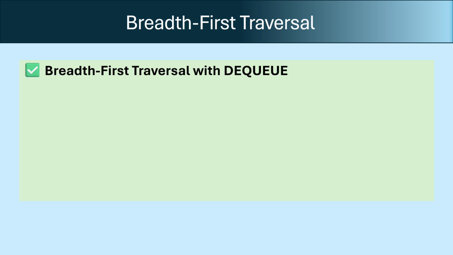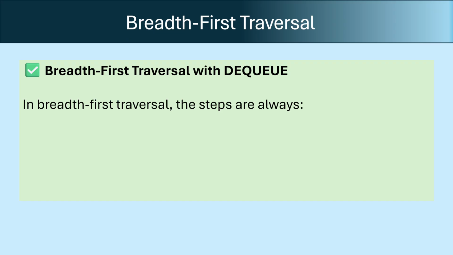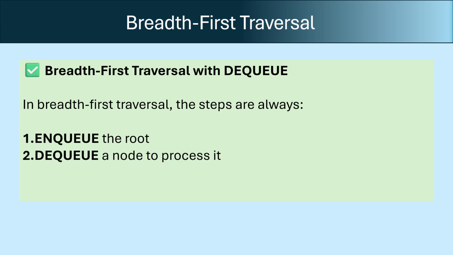So let's have a look at the algorithm itself. It's just 4 steps, a simplified version. In a breadth first search, the steps are always going to be: we first enqueue the root. Once we've enqueued the root, we then dequeue a node to process it. And then we enqueue its children.